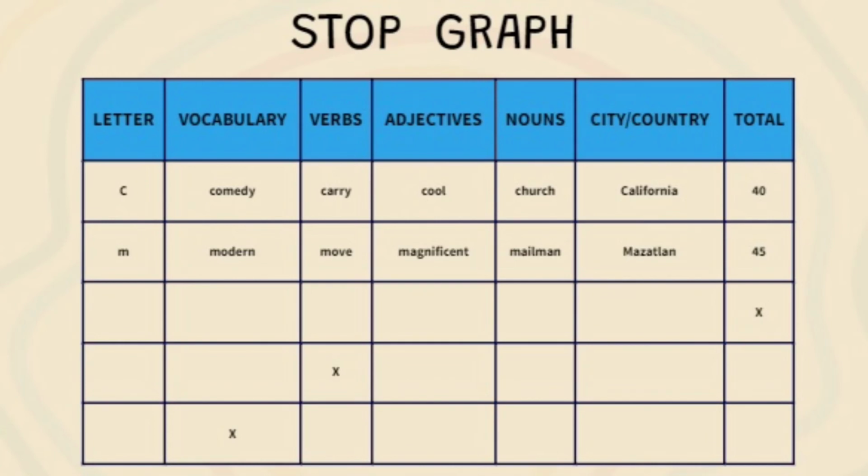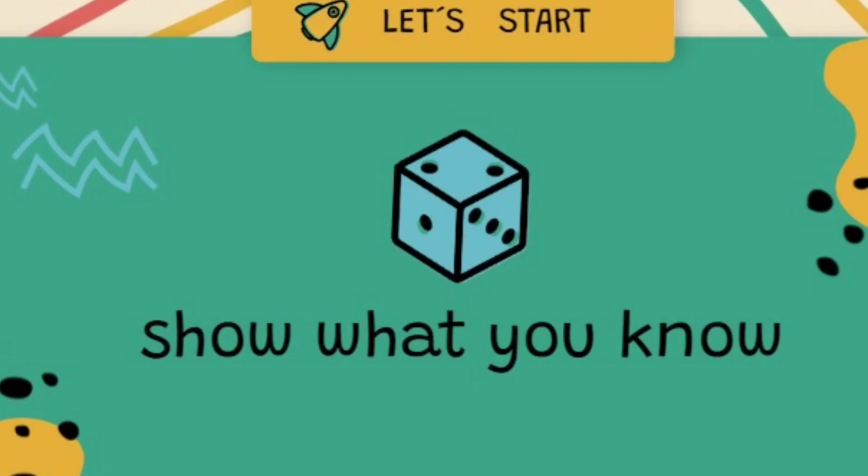And then after this, when we have the graph, after we do the wheel, we're going to put a stop. Now it's time to show me what you guys know, okay? What you know about each topic, vocabulary words, the verb, the adjectives with that letter.